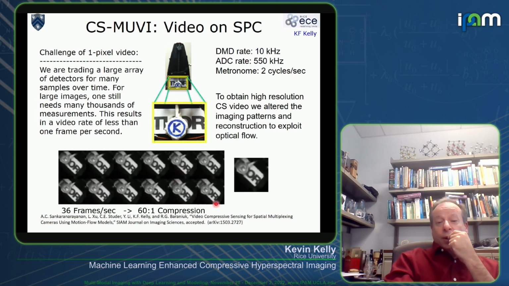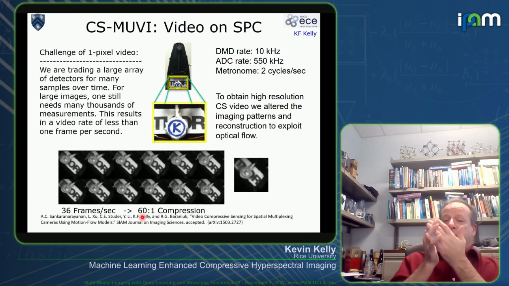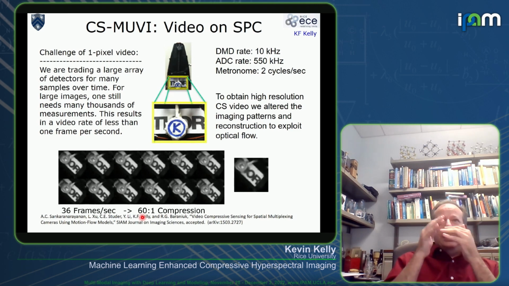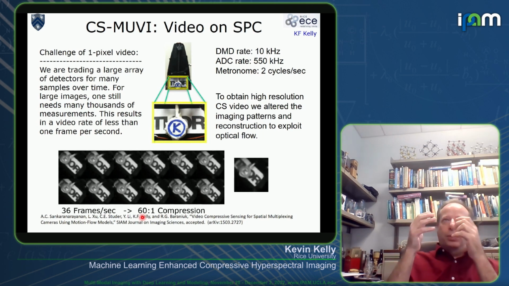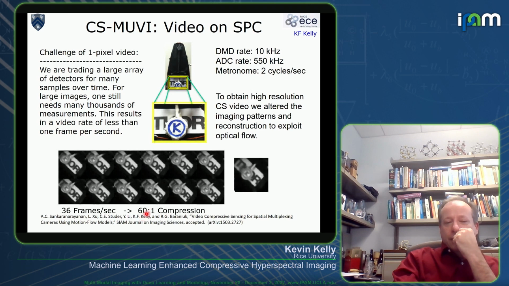And the cool thing also is just like in 2 dimensions, where the sparsity goes as the square root, well, in 3 dimensions, the sparsity goes as the cube root. And so that's why you can get higher compression ratios as you go to higher dimensional data without putting the strain on your sensor. And so this is at 60-to-1 compression in the video.